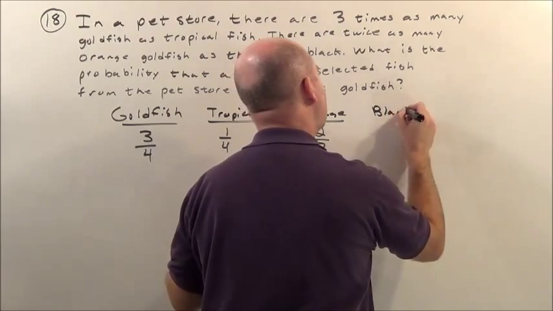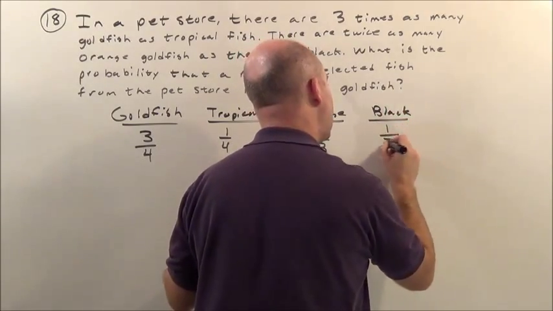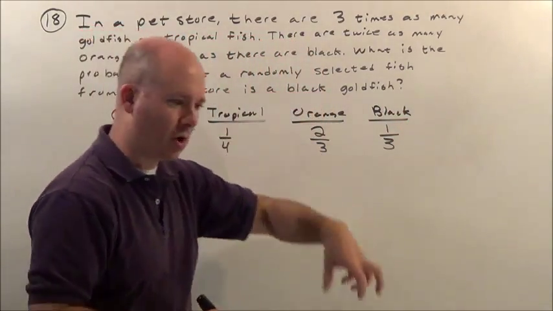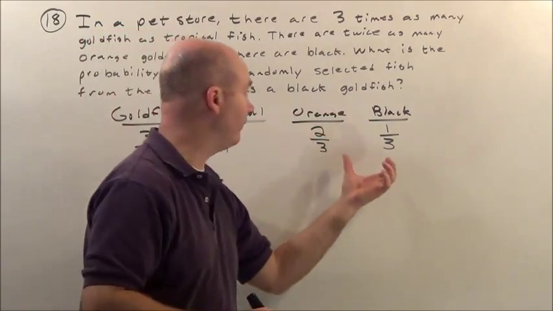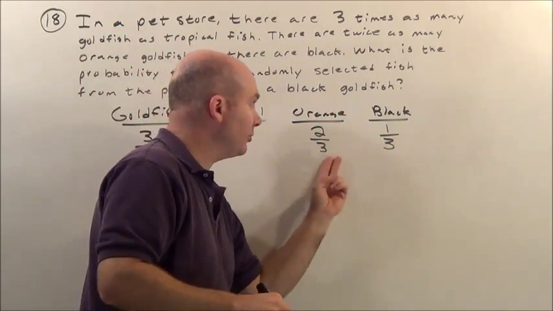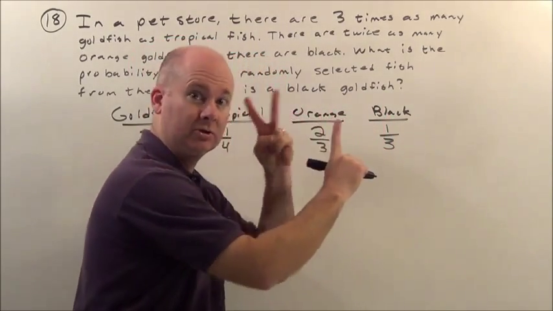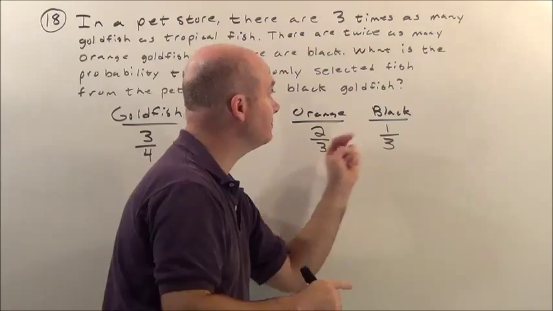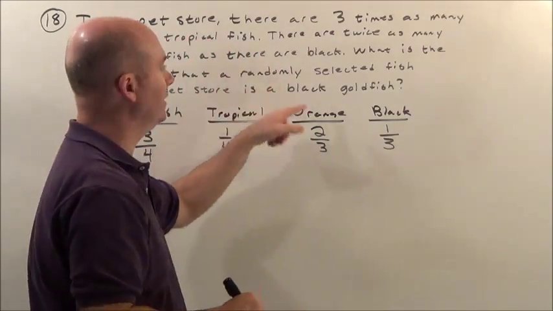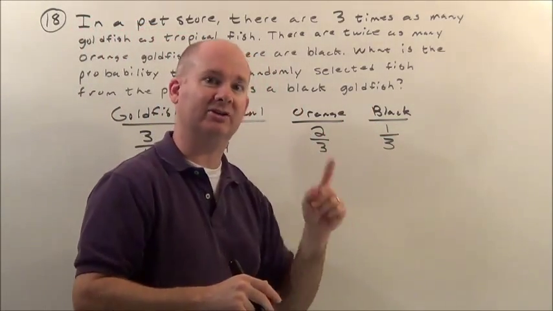And for getting a black, there's a 1 out of 3. So if I draw fish out, and we're talking just goldfish, if I draw 3 goldfish, usually 2 will be orange, 1 will be black. 2 to 1. There's 2 more orange to each 1 black. That's what it says there. And we got to think of it that way in fractions.